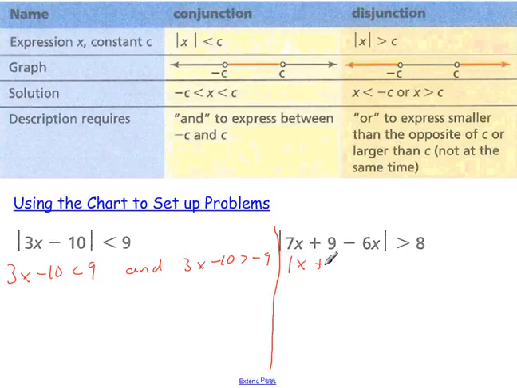So here, according to this table, we can write x + 9 is greater than 8, just like dropping the absolute value. We're going to use the word or because it's greater than, and then we write x + 9, change the direction of the sign, make it a less than, and also change the 8 to -8.